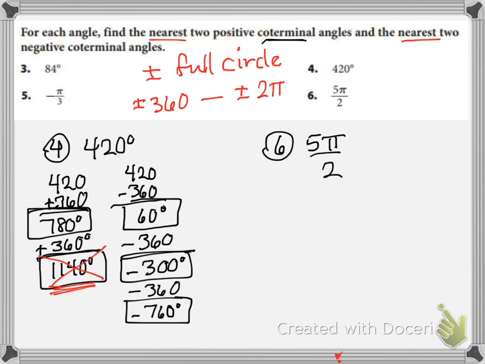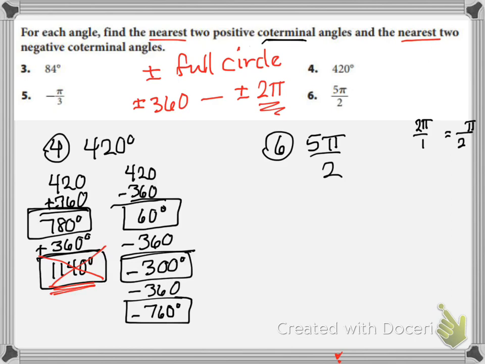The other one I need to deal with is 5 pi over 2. This one is in radians, which means I'm going to have to add and subtract 2 pi. So I'm going to start out with saying 2 pi over 1. And I want it to have a common denominator here, so I'm going to have to make it equal something pi over 2.